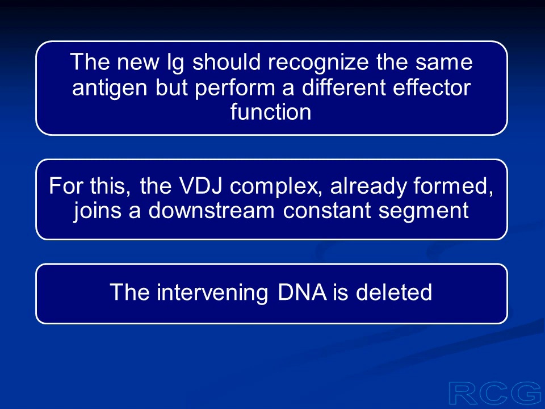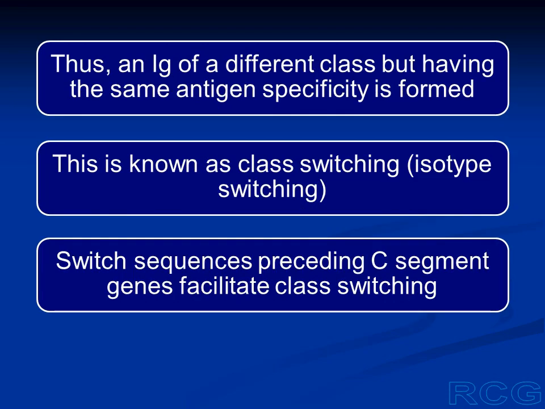But when we require the immunoglobulin of a different class, the same VDJ complex should join a downstream constant segment gene and the intervening DNA is deleted. So now we will have a different constant segment. So an immunoglobulin of a different class will be synthesized.